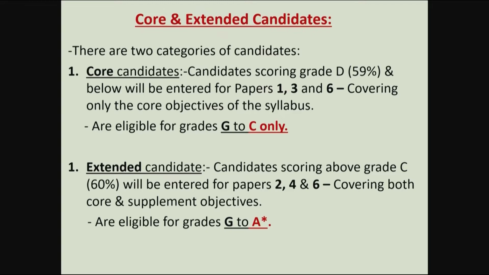The ones who score between 40 and up to 69 will be eligible for IGCSE core, and the ones who score below 40 will only be eligible for national exams.